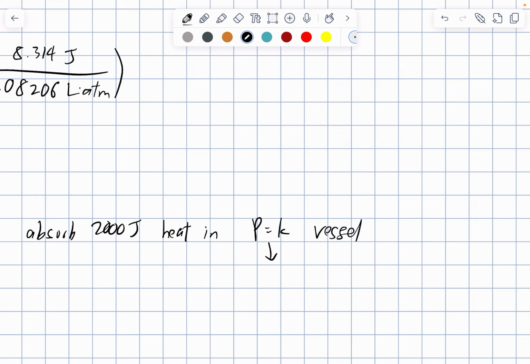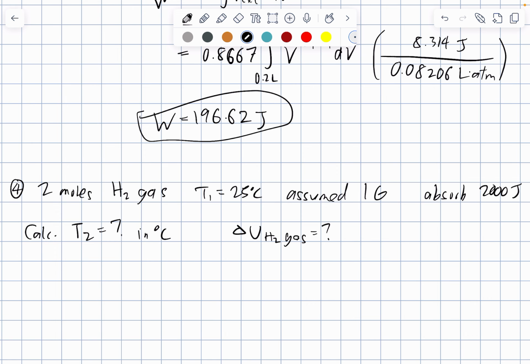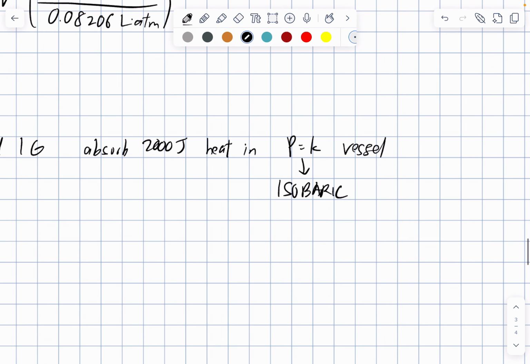So what is constant pressure? This is isobaric, no? What we are asked to calculate is T2, the final temperature in degrees Celsius, and the change in internal energy of the H2 gas. So 2 missing items, no?